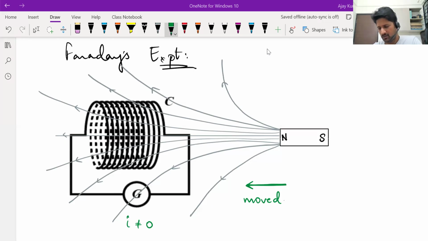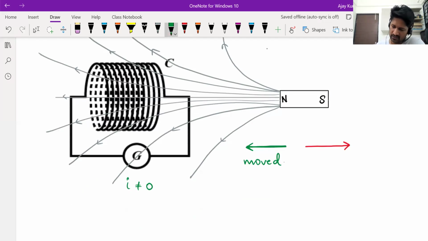He also observed that when the magnet is moved away from the coil, there was also deflection in the galvanometer, in the opposite direction. Suppose in the first case the current was positive; when the magnet is taken away from the coil, again the current was non-zero and this time it was negative. The direction of current changed.